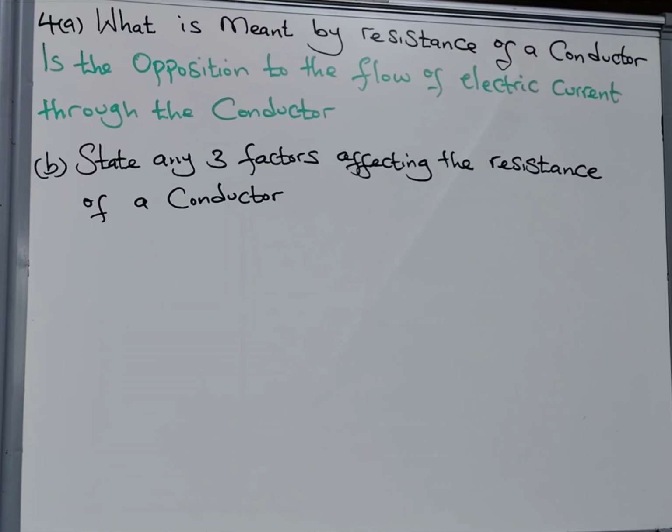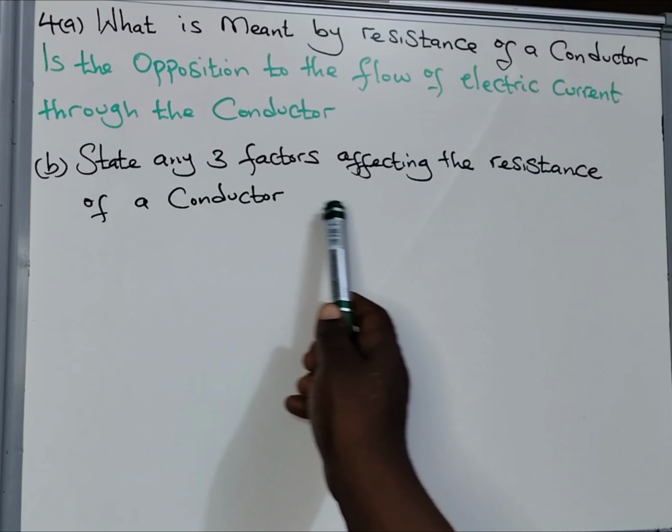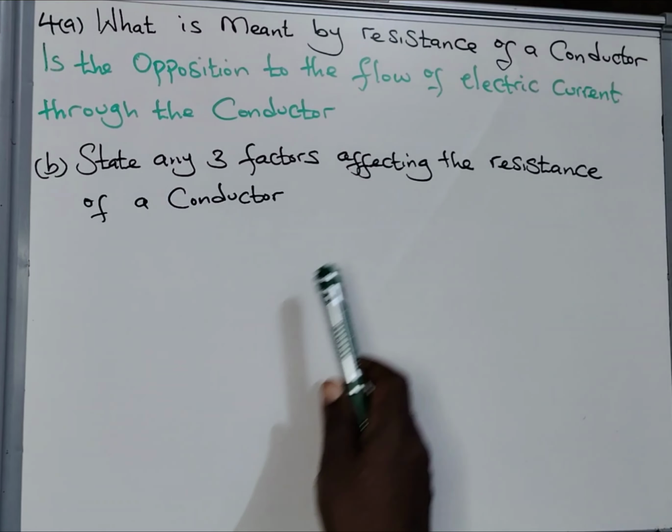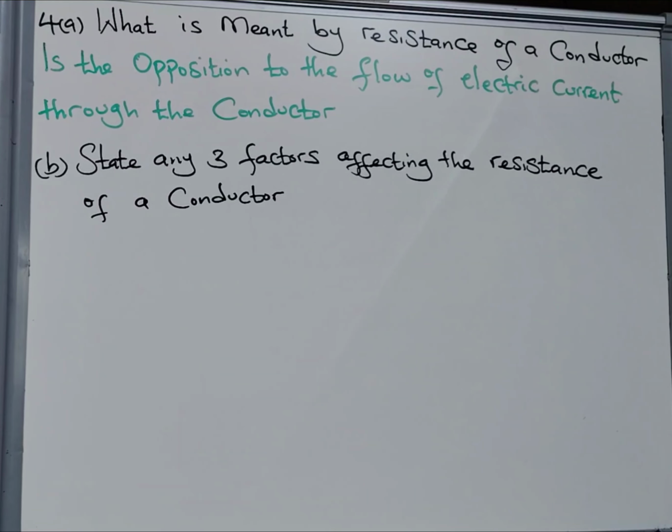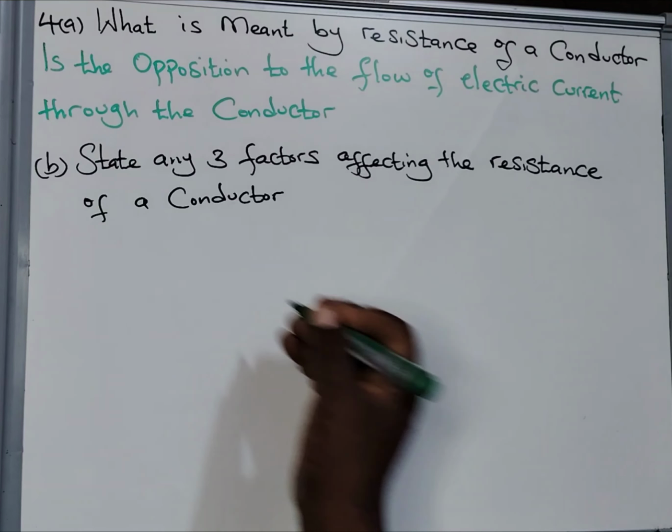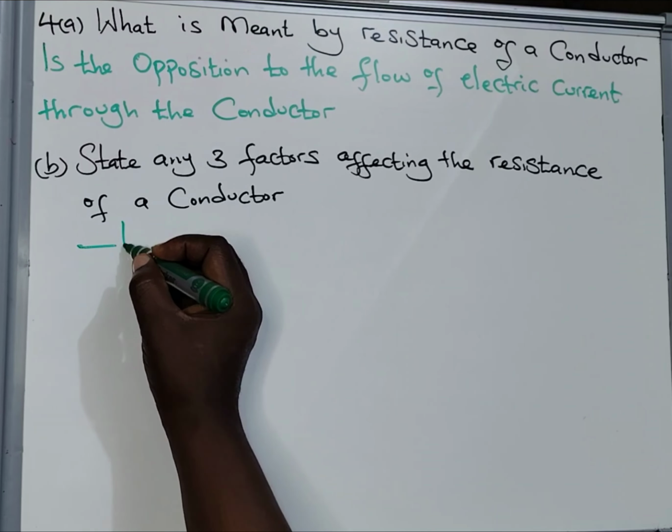Then comes this question. It says, state any three factors affecting the resistance of a conductor. So what are those factors which influence the magnitude of the resistance of a conductor? The first one is length.